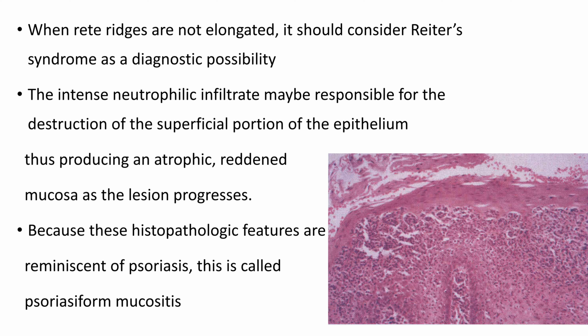When the rete ridges are not elongated, Reiter syndrome should be considered as a diagnostic possibility. The intense neutrophilic infiltrate, which is inflammatory cells, may be responsible for the destruction of the superficial portion of the epithelium, thus producing an atrophic red mucosa as the lesion progresses. Because these histopathologic features are reminiscent of psoriasis, this is called psoriasiform mucositis.